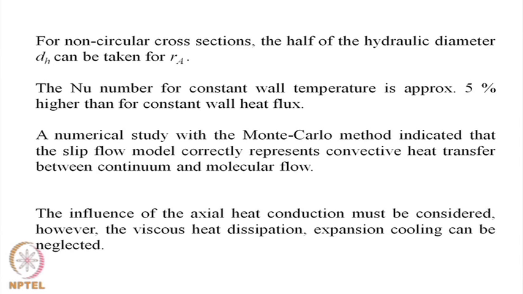So, whenever the continuum model breaks down, the use of the slip flow model correctly represents heat transfer for such cases. And in microchannel flows, we also need to consider the effect of axial heat conduction, but generally the viscous heat dissipation and the expansion cooling can be neglected.